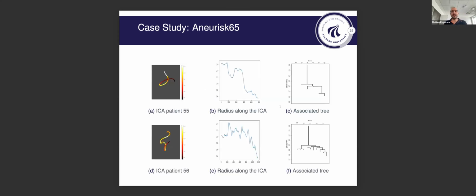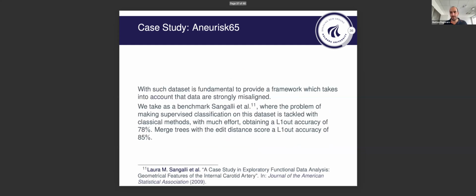So there is this paper, which is a kind of benchmark paper for this data set, in which they tackled a classification case study with the classical techniques that I showed you before. They selected some group of parameterization functions, which, if I'm not wrong, were affine functions. They aligned them by maximizing pairwise similarities, and then carried out some classification on this aligned functional data set.